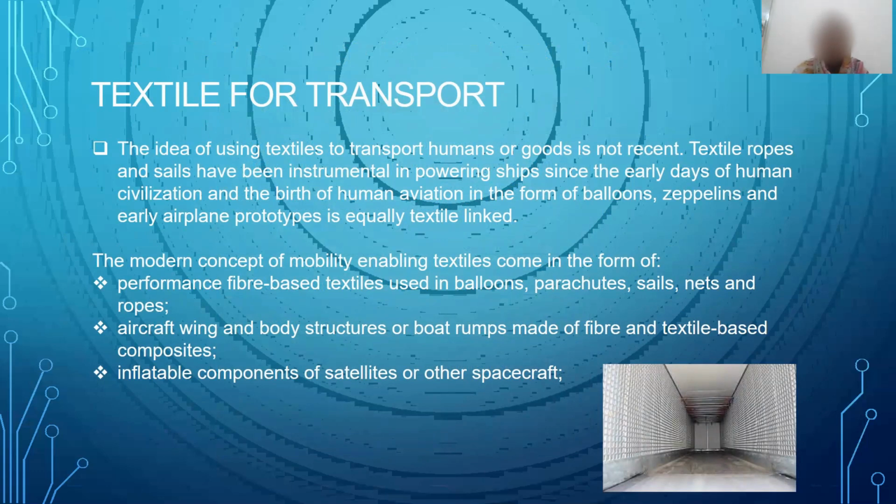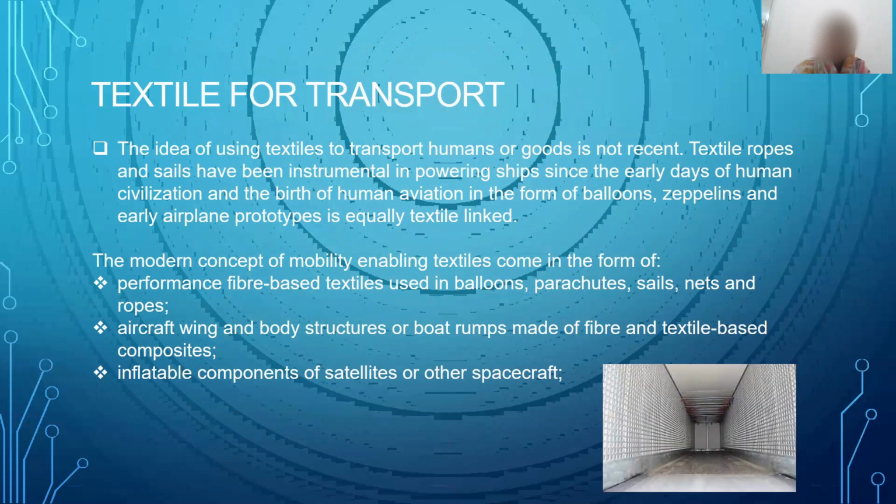The idea of textile use in transport material is not recent, as textile ropes and sails have been instrumental in powering ships since the early days of human civilization, and the birth of human aviation in the form of balloons, zeppelins, and early airplane prototypes is equally textile linked.